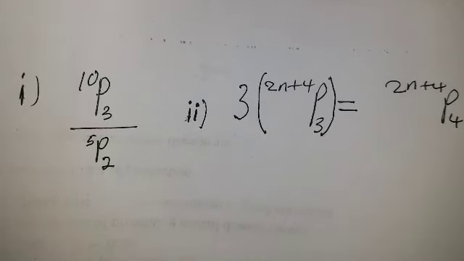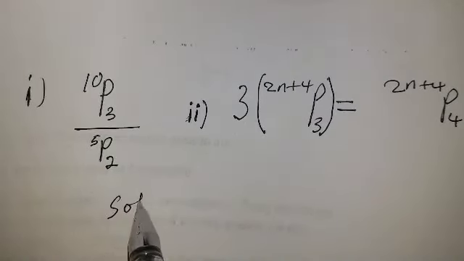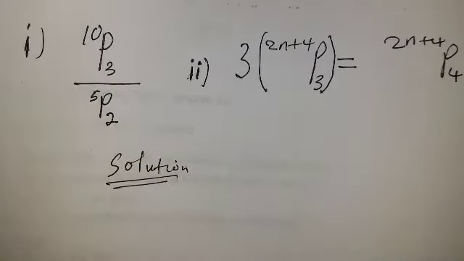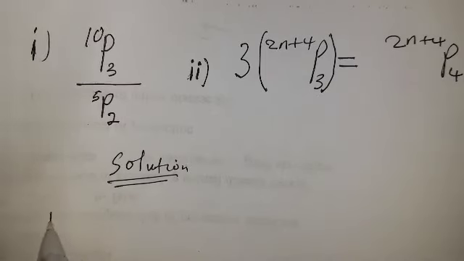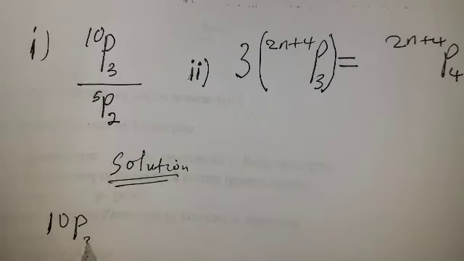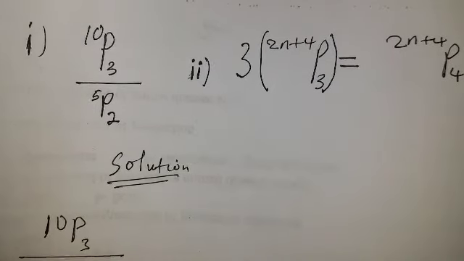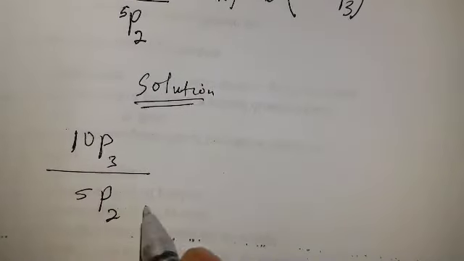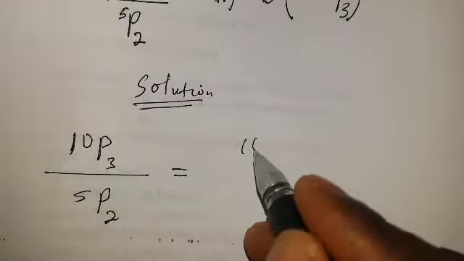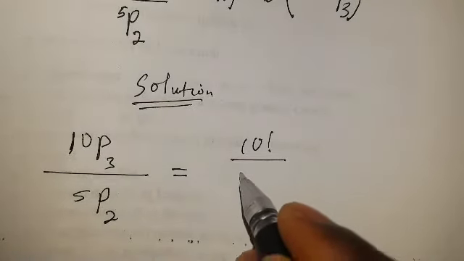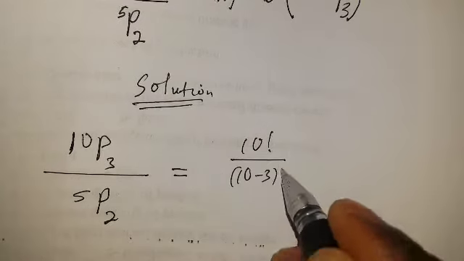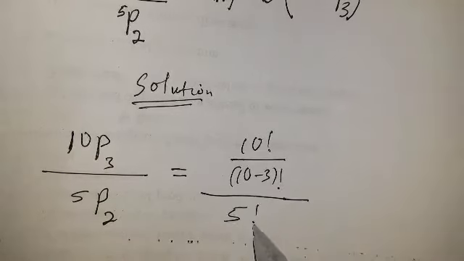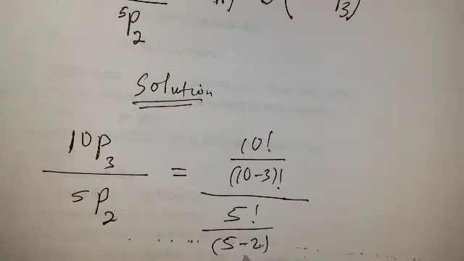Kamar yadda muka gani, if we have a solution, if we have 10 permutation 3 all over 5 permutation 2, this is defined as 10 factorial over (10 minus 3) factorial all over 5 factorial over (5 minus 2) factorial.